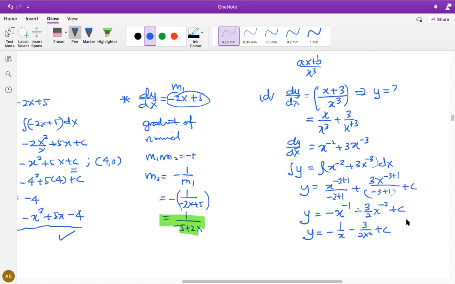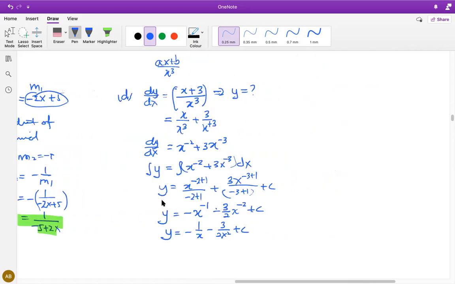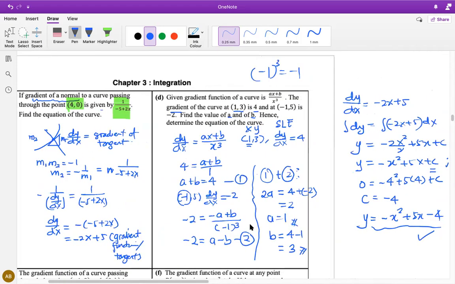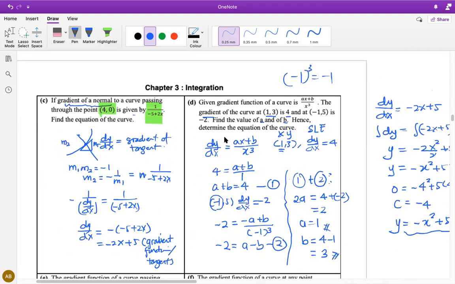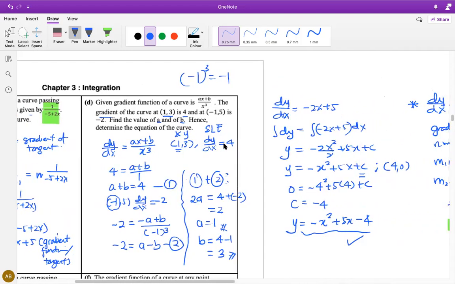So we are not complete yet, right? We need to find what is c. So we go back to the question. There's no very clear information for you. Sometimes it will tell you the curve passes through 4, 0, but here you can find it from this: the gradient of the curve at 1, 3 and negative 1, 5 is 4 and negative 2 respectively.